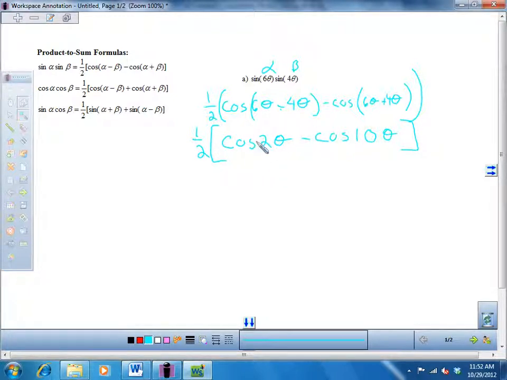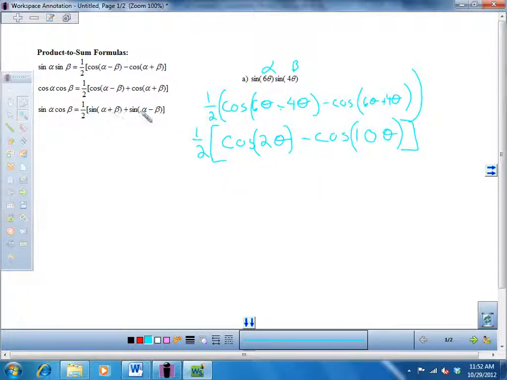You can't say cosine of 2 theta minus cosine of 10 theta is equal to cosine of negative 8 theta, right? Not true. You could multiply through the 1/2, but it'll just make it more complicated.